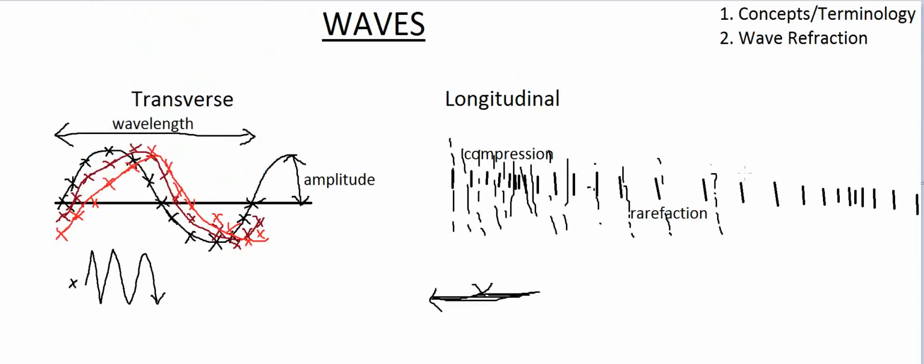At the rarefaction it is leftmost, then the next particles start getting closer to the equilibrium position until this one starts going to the right again, and it repeats.